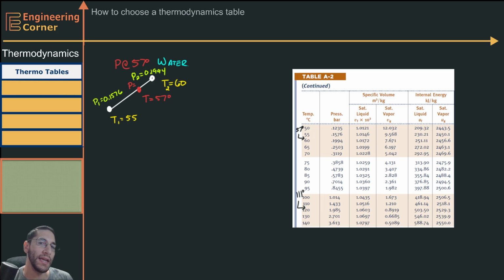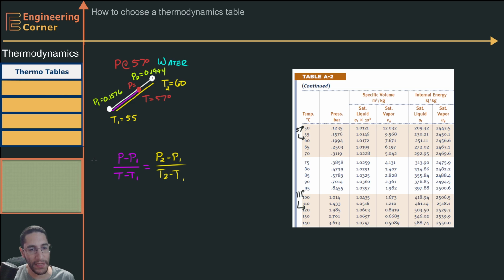Now, the way I solve interpolation problems is I set up a ratio. So I say, okay, let's take this line segment right here. The slope of this line segment is going to be P minus P1 over T minus T1, which is equal to the slope of this entire line segment, P2 minus P1 over T2 minus T1.